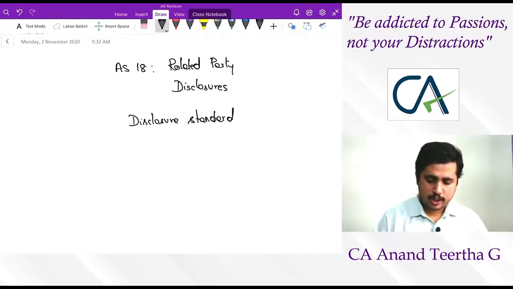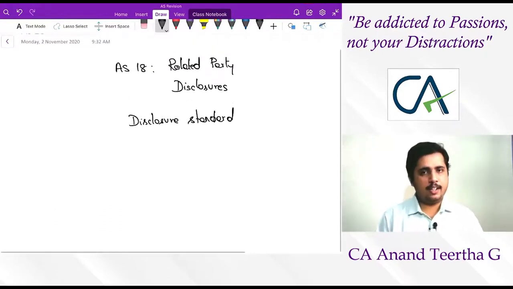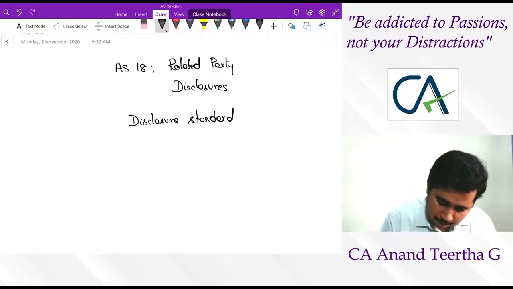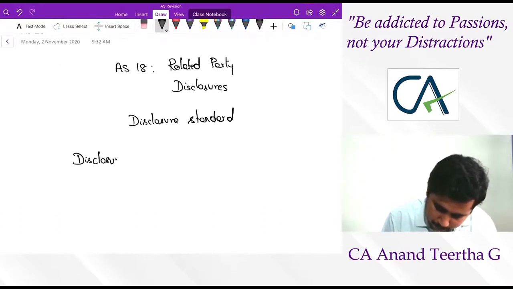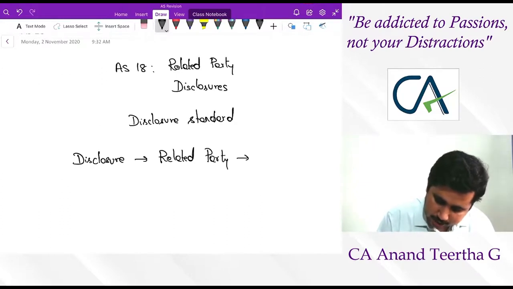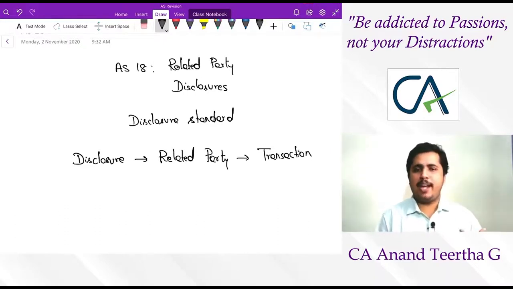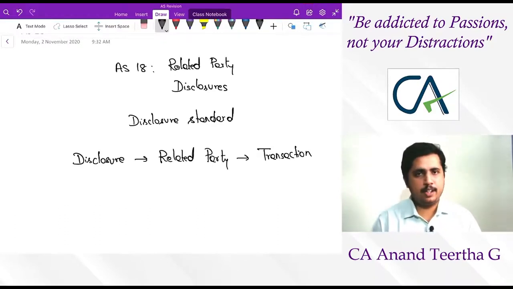Okay. Now, what is a major inclusion of this standard then? What are the major ways in which this standard could be considered? First, what type of disclosure is supposed to happen? The related party and the transaction entered with the related party. So first you have to tell who are the related parties. So you may have entered the transaction, you may not have entered the transaction.